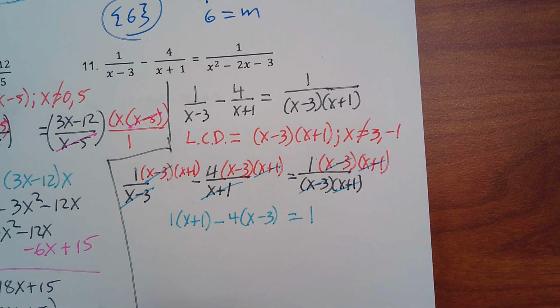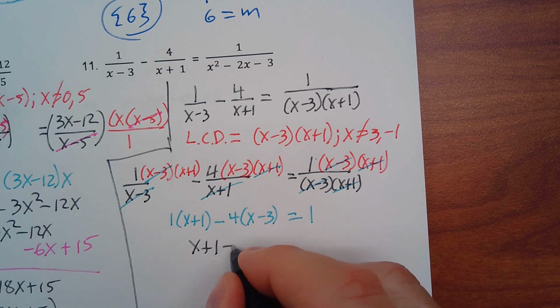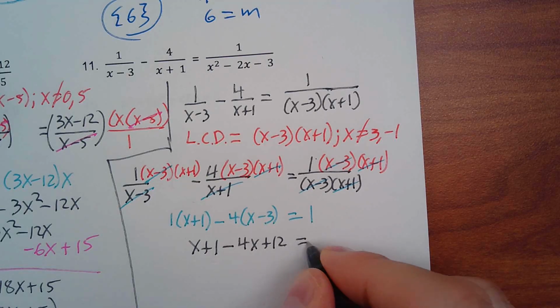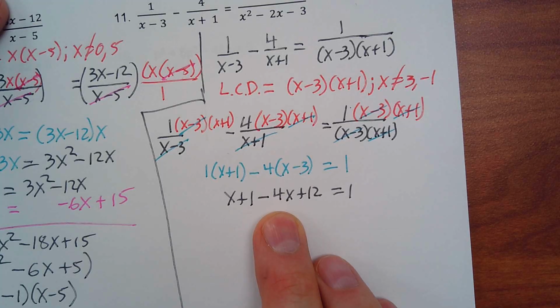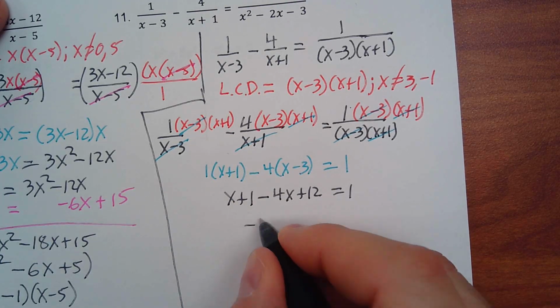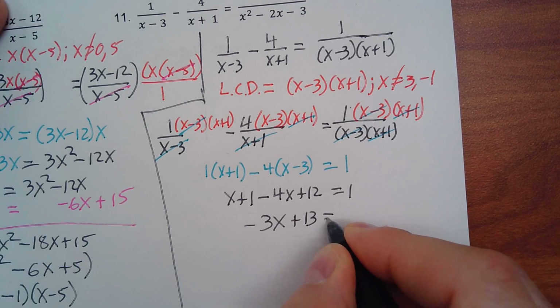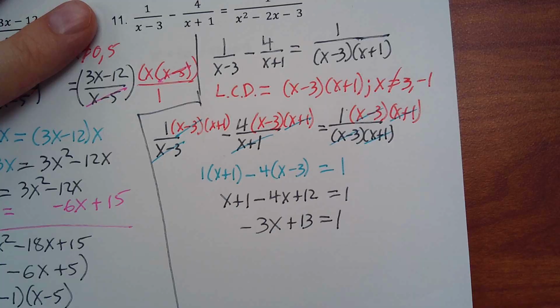So 1 times x plus 1 is just x plus 1. We distribute the 4, that's a negative 4x plus 12 equals 1. Combining like terms, we're going to get a negative 3x plus 13 equals 1. And then we're going to subtract 13 from both sides.